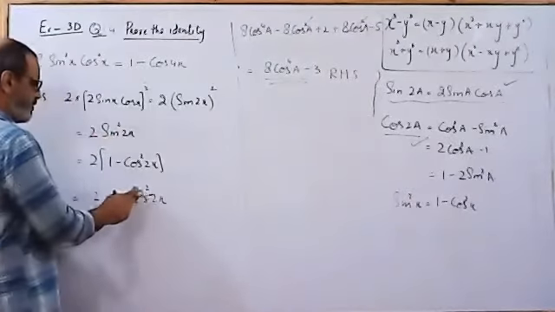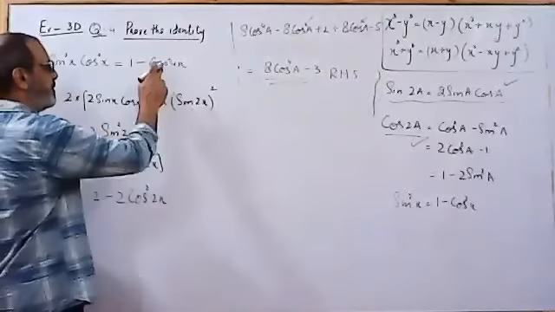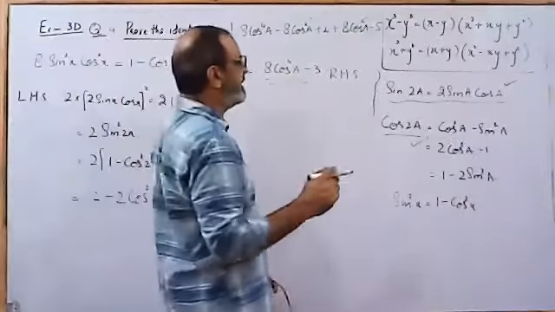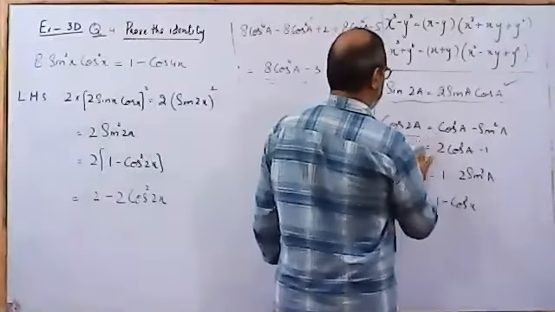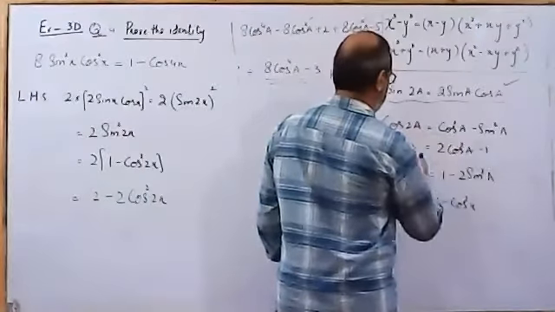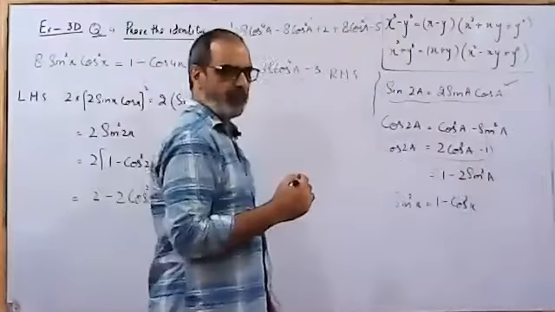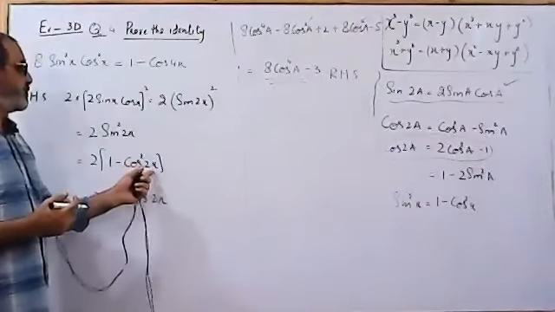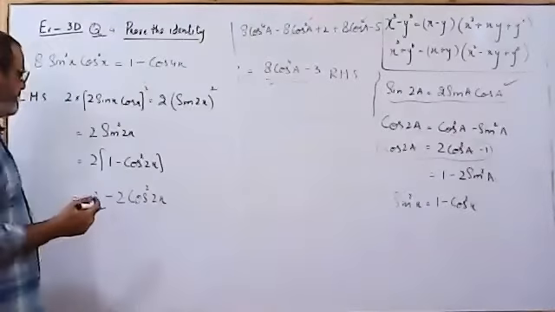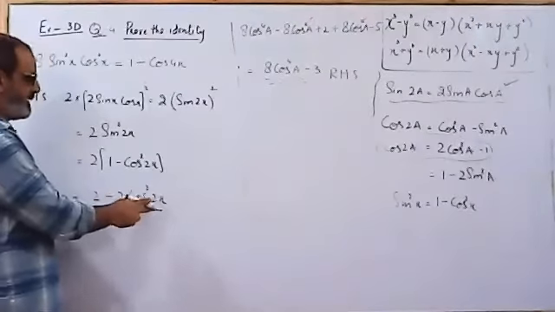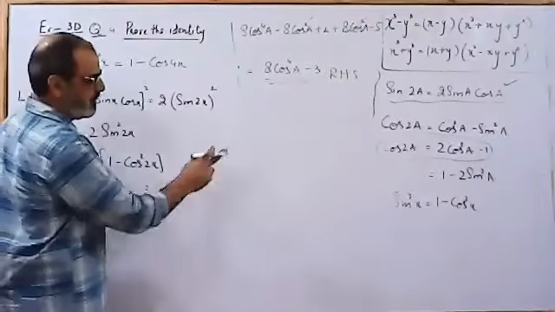Now I want to change cos square 2x into cos 4x. For that purpose, I need this identity. To change cos square 2x into cos 4x, I need 2 cos square, but I need minus 1.